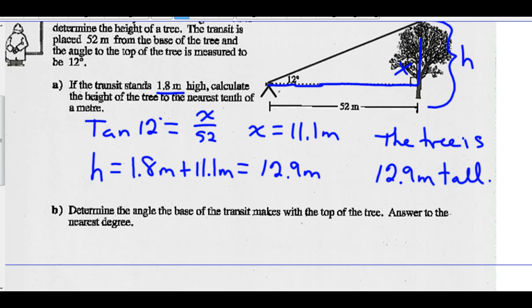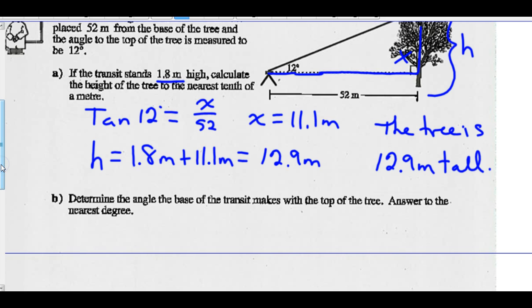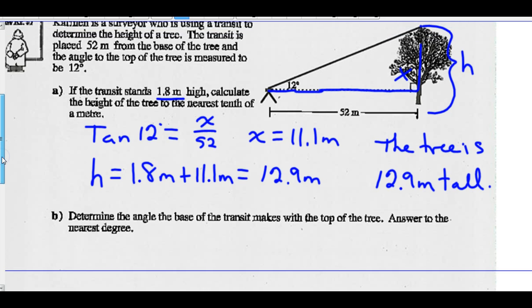Great. Part B asks us to determine the angle the base of the transit makes with the top of the tree. So here's the base of our transit, the angle that makes with the top of the tree. We now have a different right angle triangle, right? We're looking for angle theta. That's going to use the height of the tree as the opposite side and 52 meters as the adjacent side.